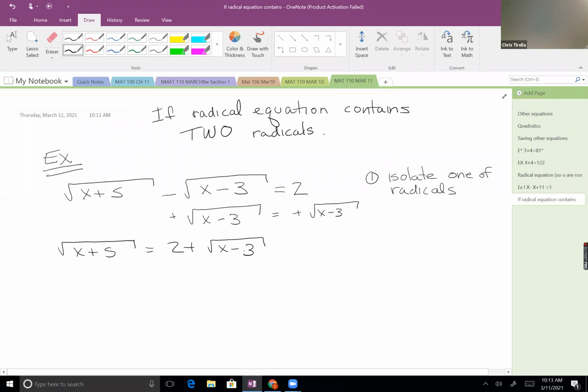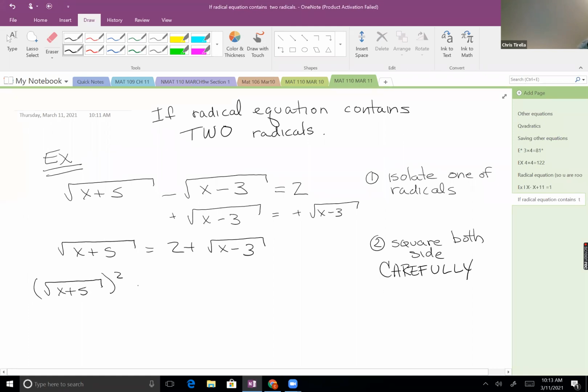So far, so good? Yep. So now what we're going to do is we're going to square both sides carefully. So we're going to take that square root of x plus 5 and square it.